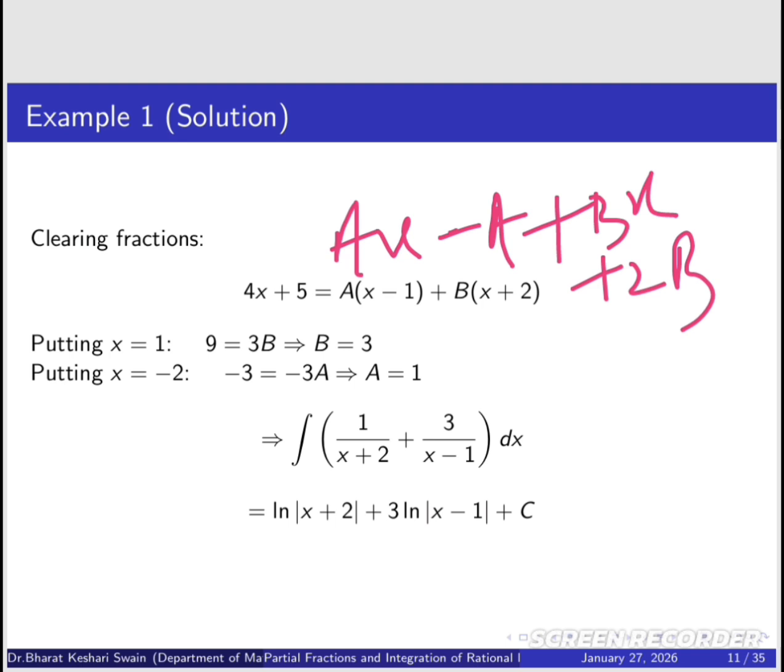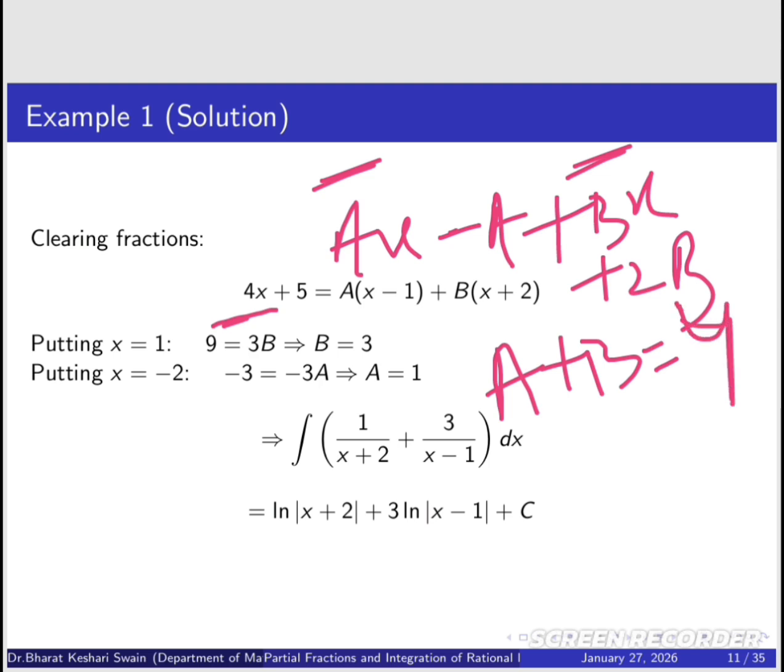And if I compare the coefficients of like powers of x, in the left hand side the coefficient of x is 4, and on the right hand side the coefficient of x is a here and b here. So comparing the coefficients, a plus b will be equal to 4.